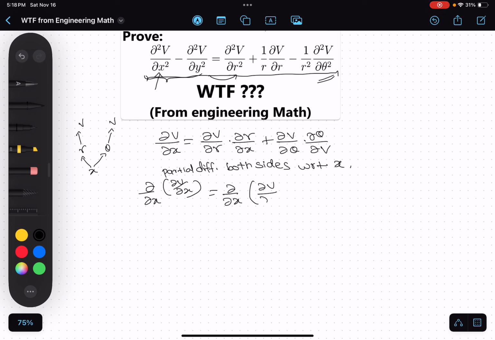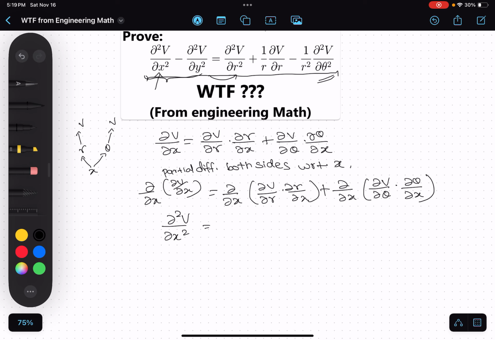We know that this partial operator is linear, so I can distribute it one by one. Oh, over here it's not b, it's x actually. I'm sorry, that's x. Now this is just partial square b by partial x square.